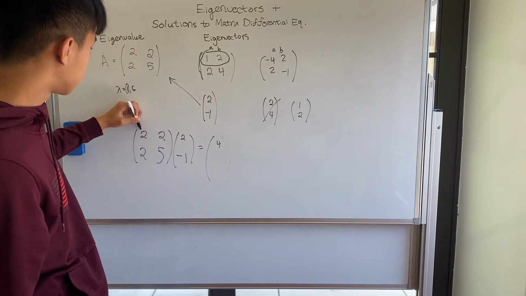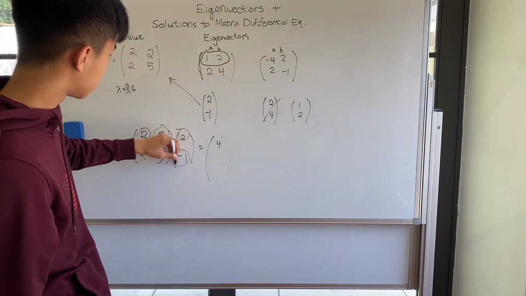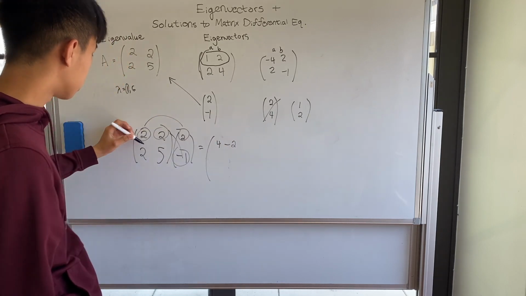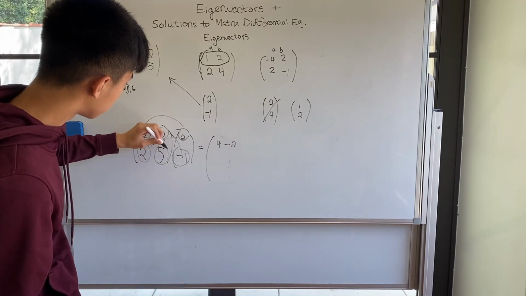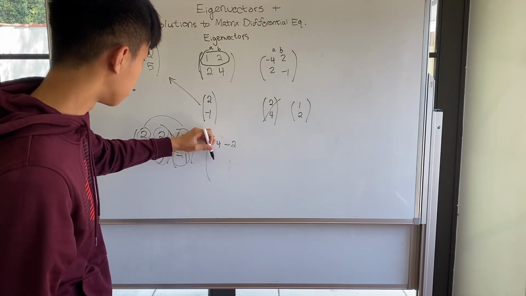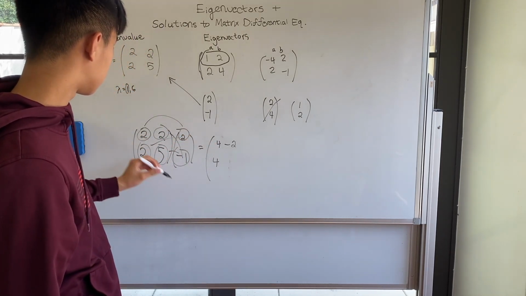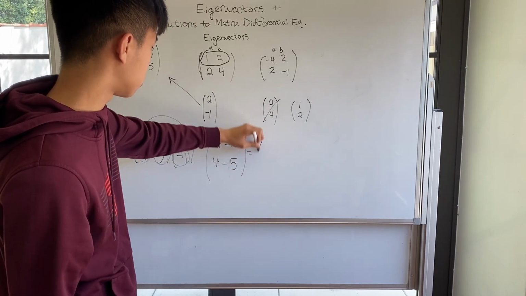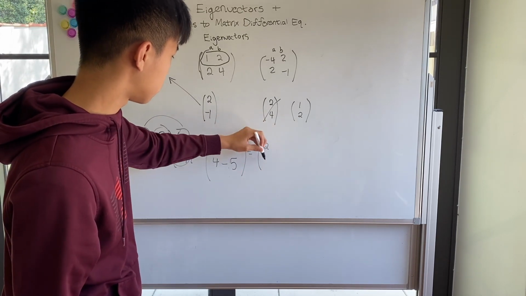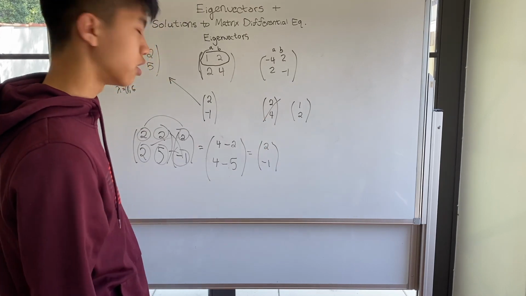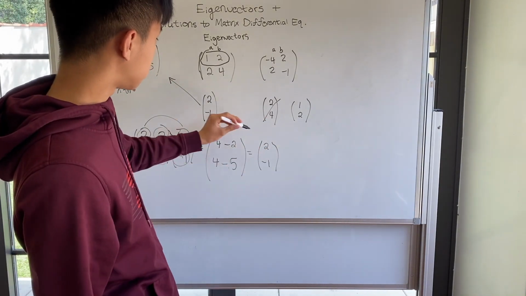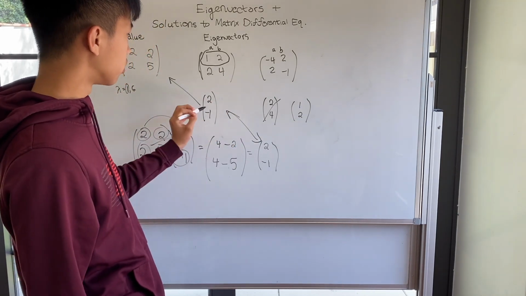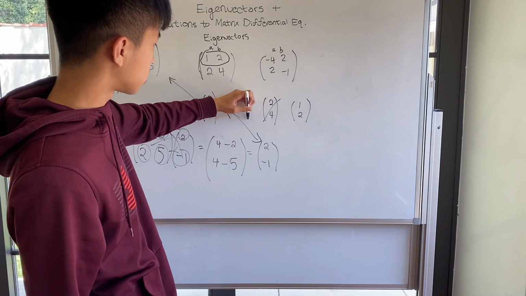We get 4, -2, then 2, that's 4, -5... And our product is exactly a multiple of 2, -1. It's just multiplying by 1.